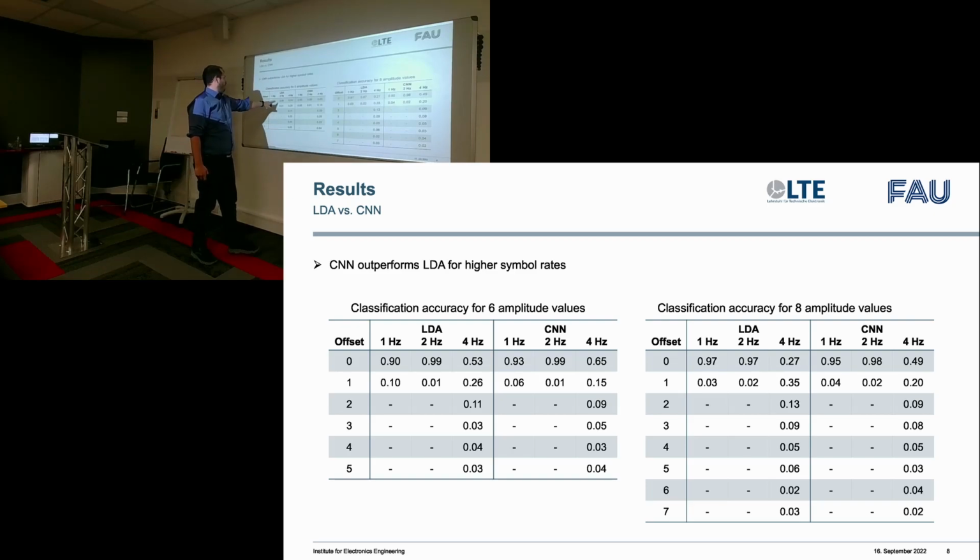For example, offset of 1 at 4 hertz, LDA is 0.26 and CNN is 0.15, if I'm reading that correctly. True, yes. That is very true.